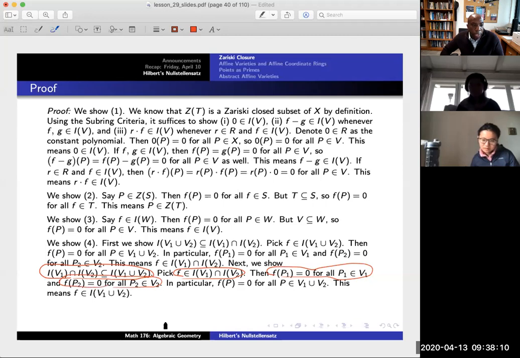So I'm using that conjunction "and" again for the intersection. But if I stare at that, that means that f of P has to be 0 for all P in V1 or P in V2. But of course, for it to be 0 for everything in the union just means that f is in I of the union. So again, it's almost exactly the same proof. We're just looking at the words and reversing things around.